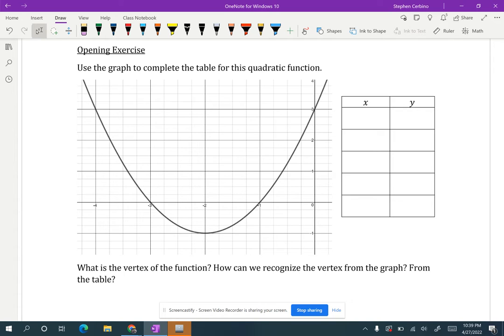All right, so I'm hoping that you paused the video and tried this. So looking at the graph, I'm looking for nice points. So those are the 5 points I identified.